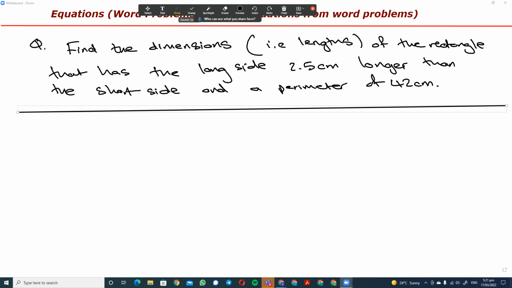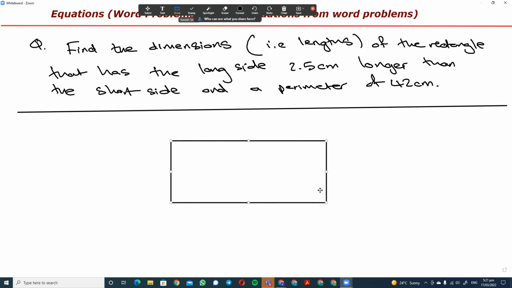All right, let's go through the solution for this one. Now, how many of you drew it? How many of you drew the rectangle? Type yes if you drew the rectangle. Because drawing always helps. When it comes to word problems, drawing always helps. So I'm going to draw it over here.